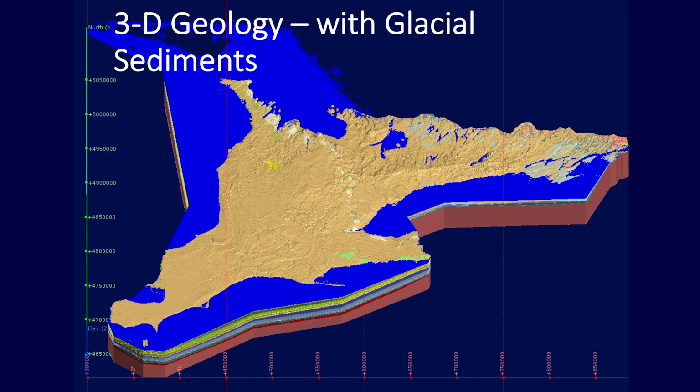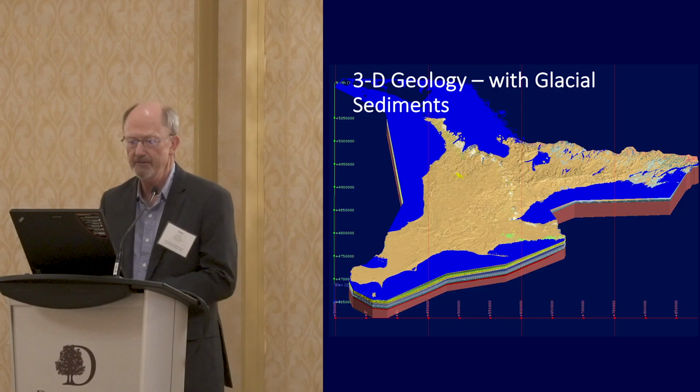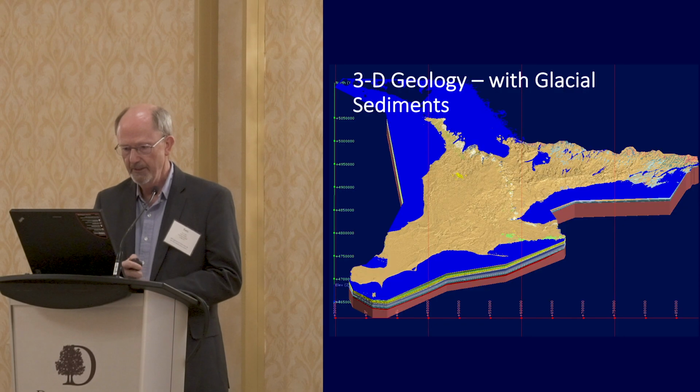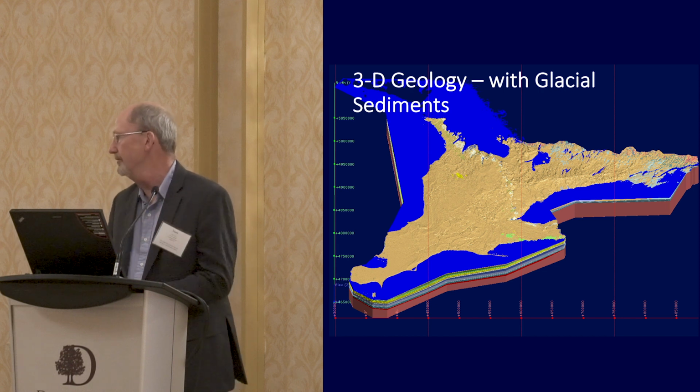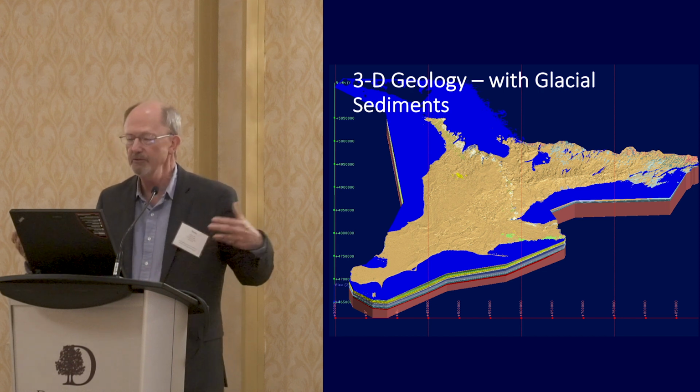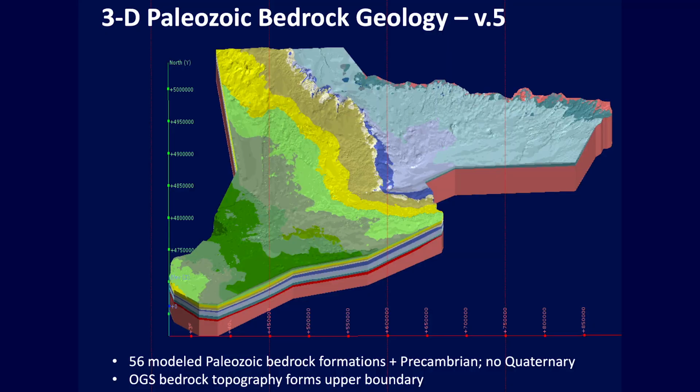You don't have to rent the software, which is expensive, by the day or by the month. And I created all these images using that free viewer. So when the model is released, you will be able to use it yourself. You just won't be able to change anything in it. So here I've turned off the drift, so now you're seeing the bedrock formations, their subcrop edges draped on the bedrock topography.